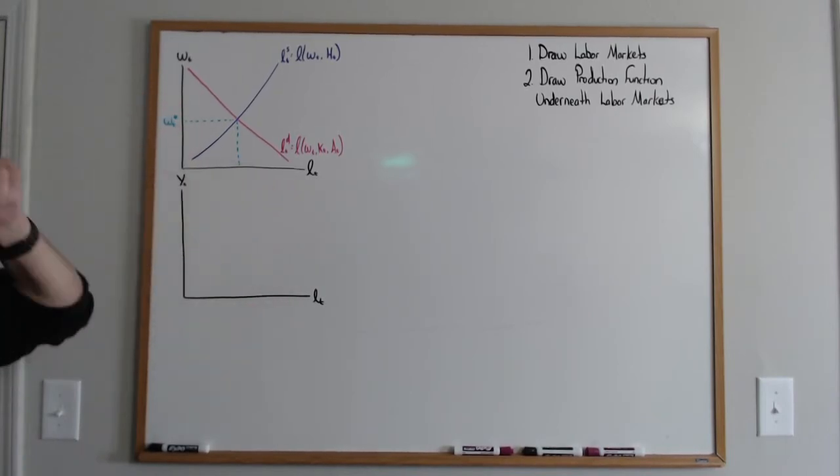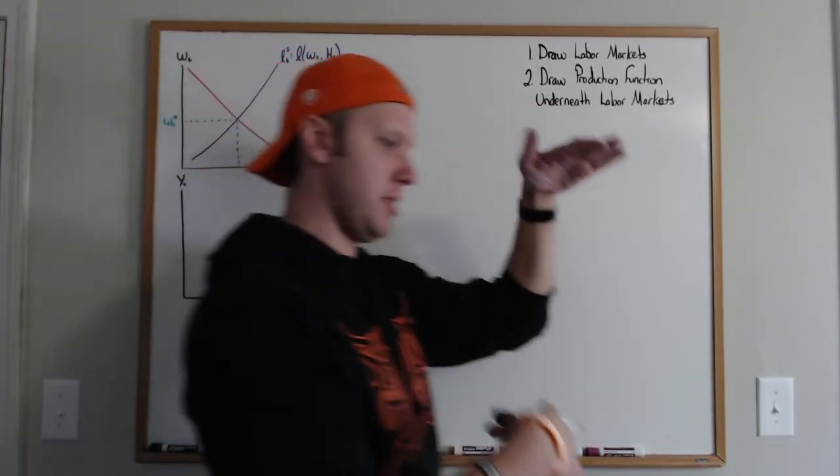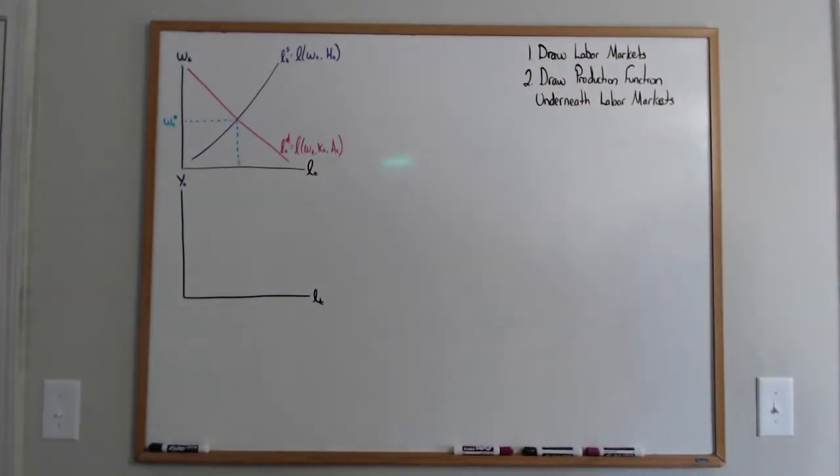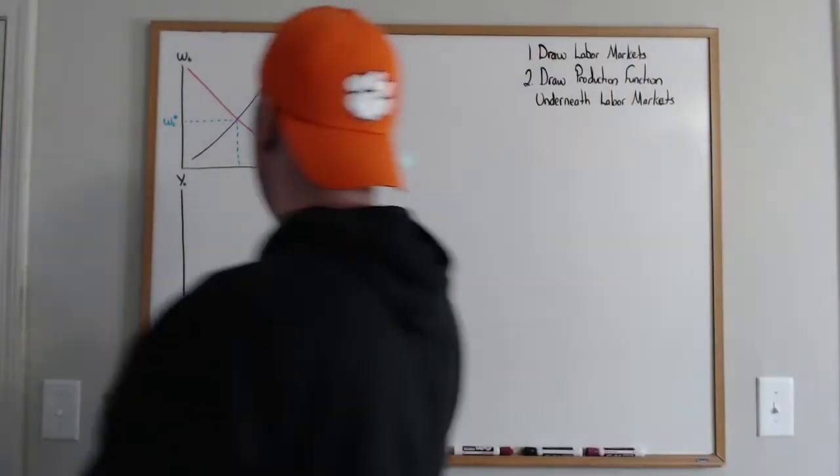The horizontal axes are the same, so we can literally just put one right on top of the other. And in doing so, well, what was the next thing that we wanted to do here? Well, we wanted to draw the production function. I'm going to be using orange this time.